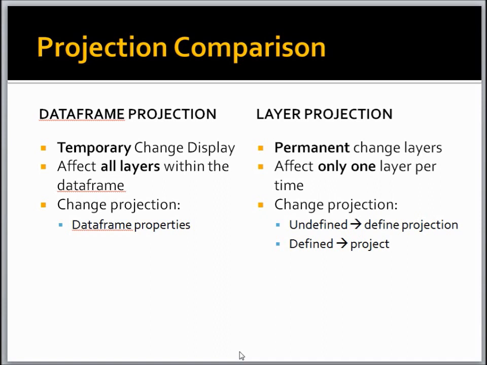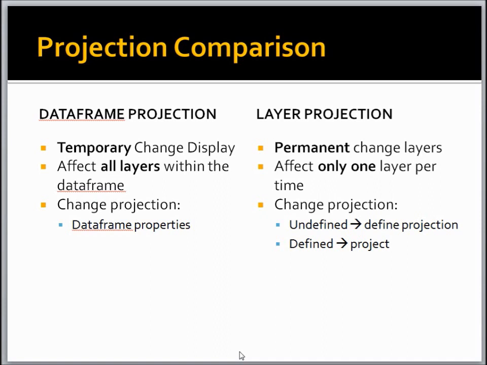For the data frame projection, you change the projection by right-clicking on the data frame, choosing the properties, and going to the XY coordinate system tab, where you can change it. For the layer projections, there are two ways.